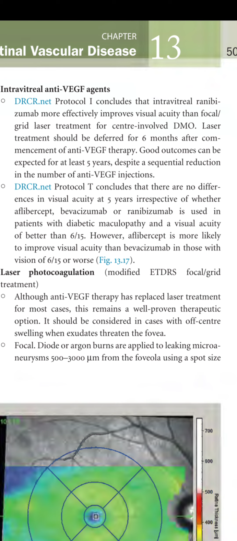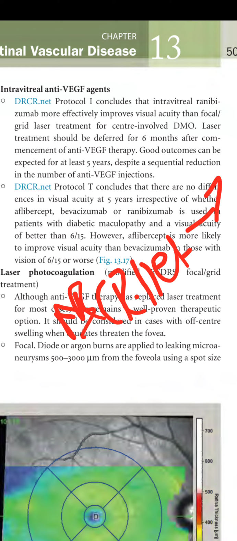So these treatments have been defined by different trials. DRCR.net is one of the studies that has been conducted for the various treatments and has various protocols.